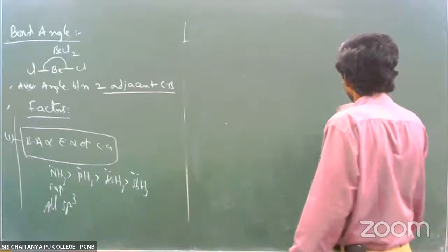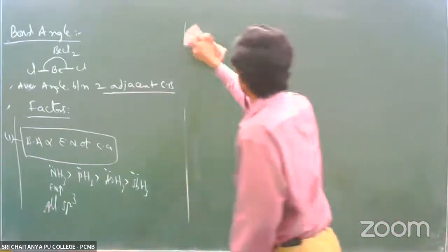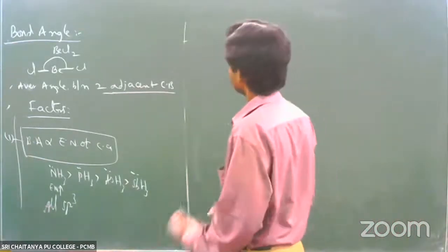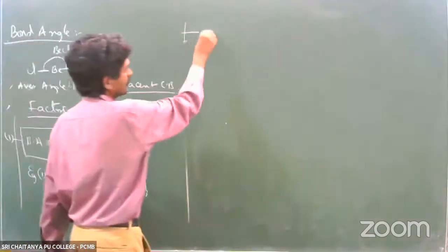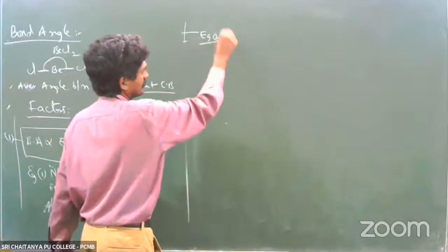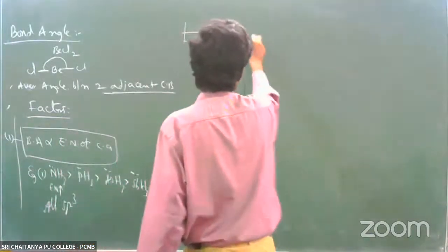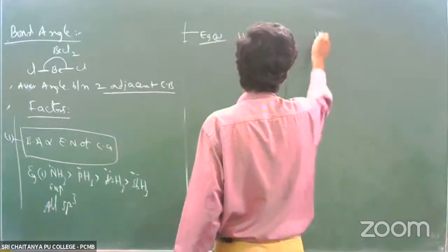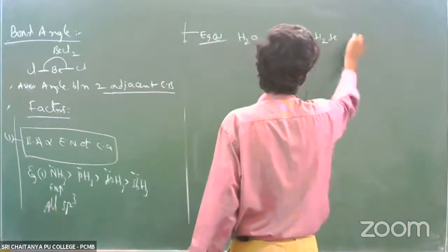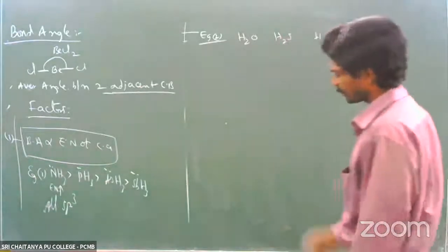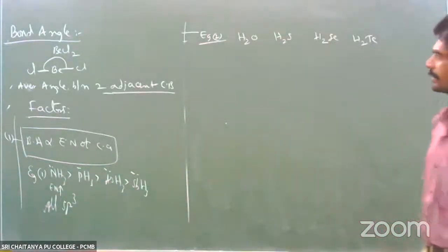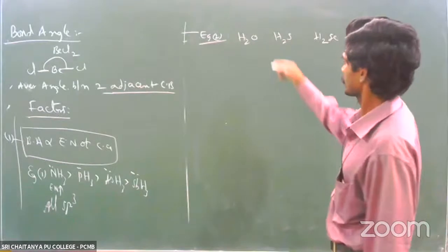In the same manner, one more example for the same factor. Another example: H2O, H2S, H2Se, H2Te. This was a previous examination question: what is the increasing order of bond angle of these hydrides of group 16 elements?